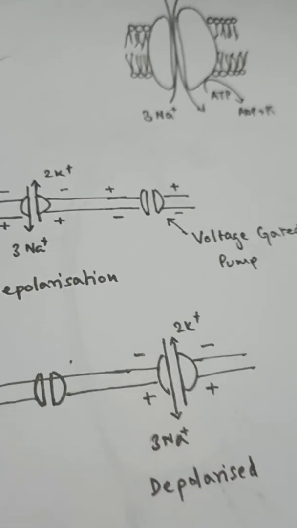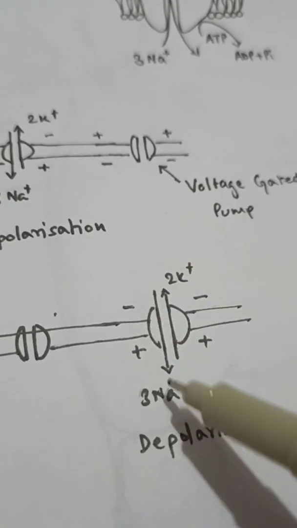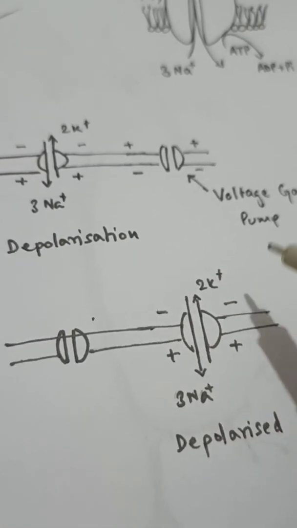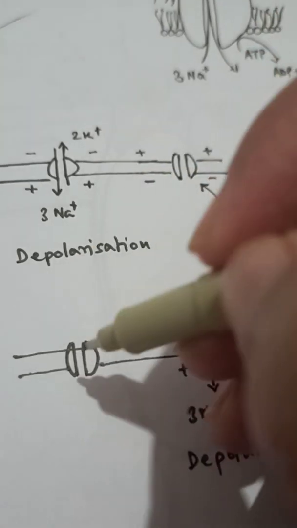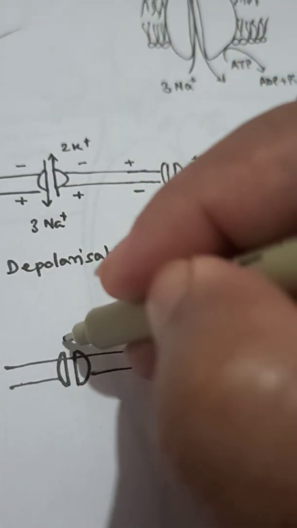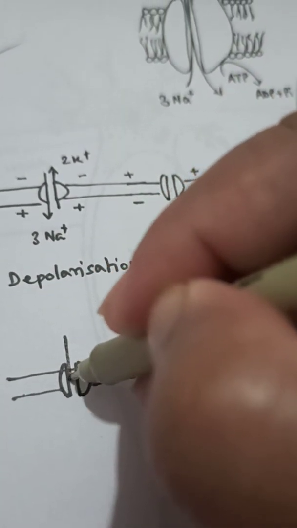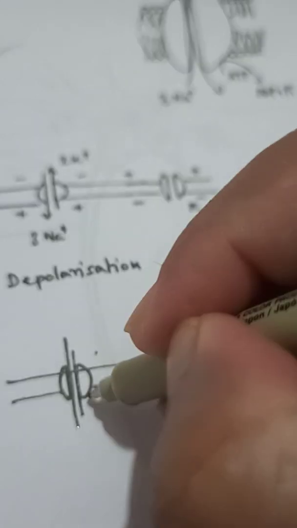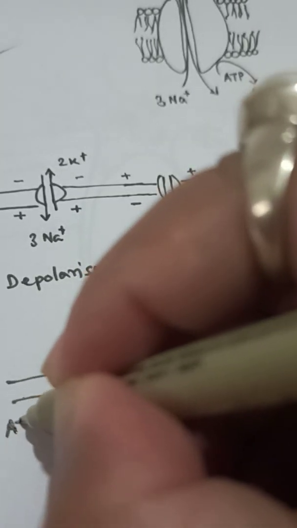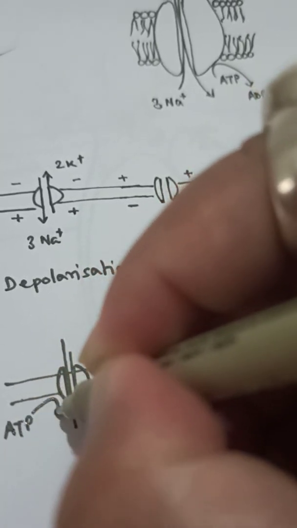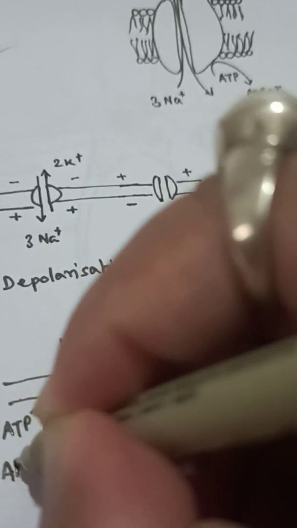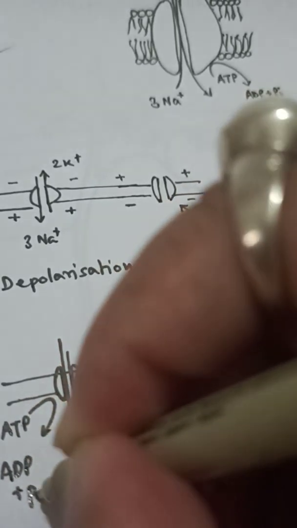Okay, but when this side becomes depolarized, at that very moment this side will bring itself back to the previous state, at the expense of adenosine triphosphate into adenosine diphosphate and Pi.